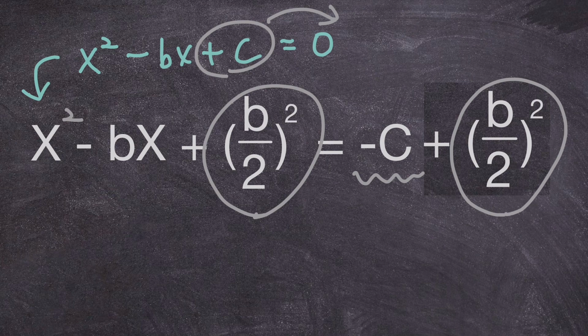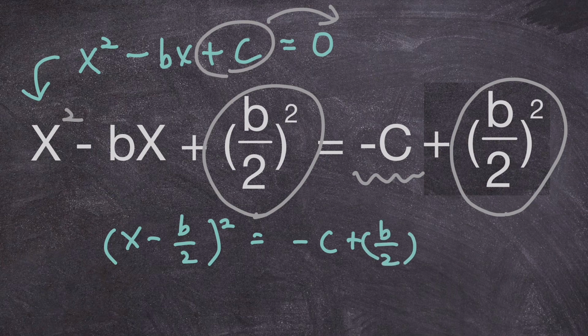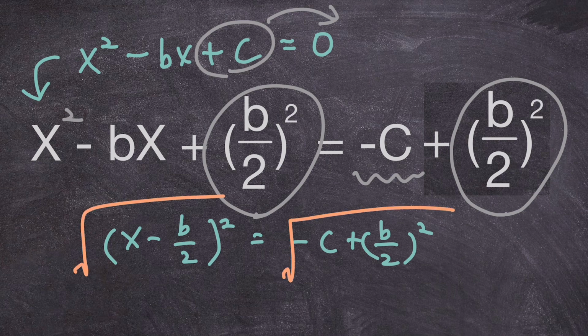That way you can write x minus b over 2 squared is equal to negative c plus b over 2 squared, and by taking the square root of both sides of the equation, you can determine the value of x.